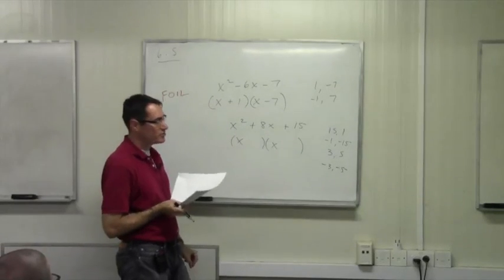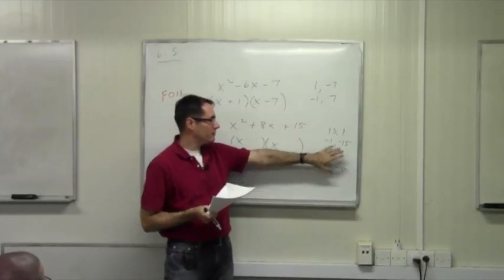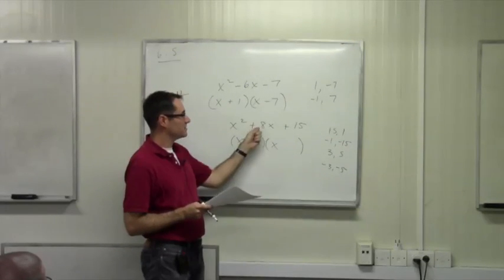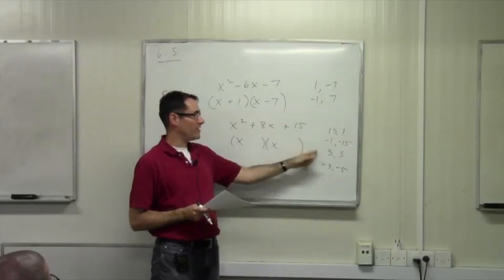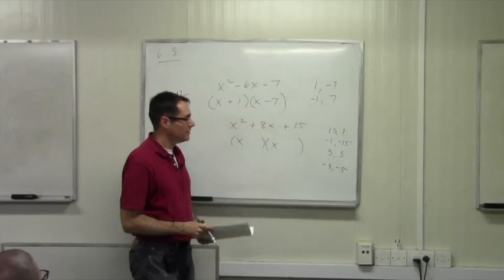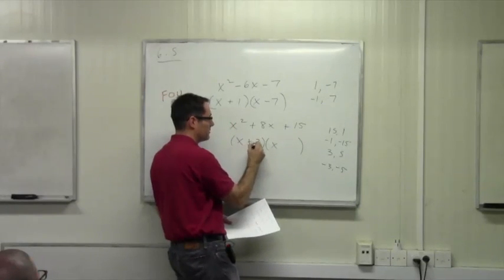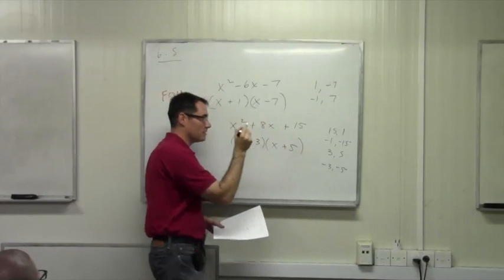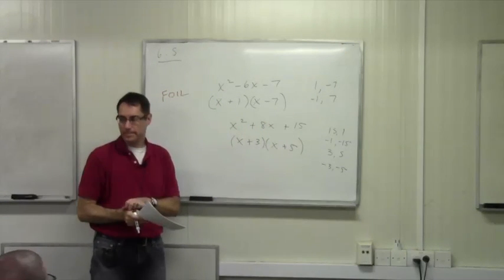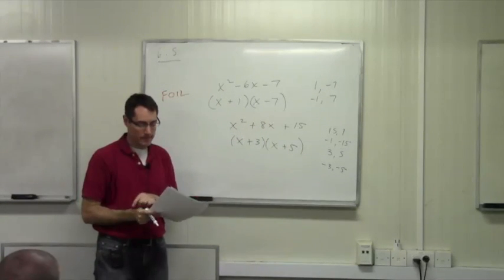When you write down the factors, you can pretty much immediately get rid of the negative ones, because this is going to be positive 8, and if they're both negative, they can't add together to get positive 8. You could also say, which ones add together to get positive 8? 3 and 5. Done.